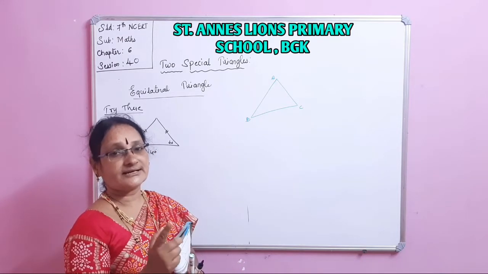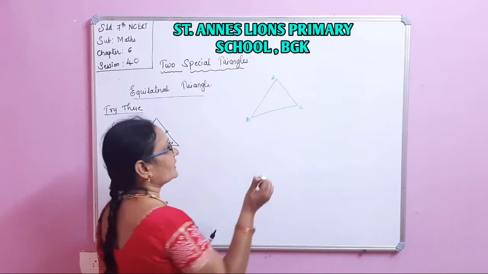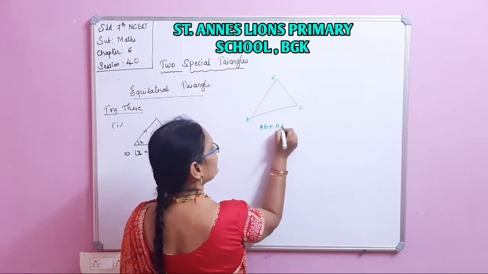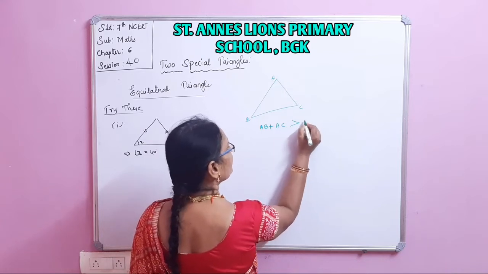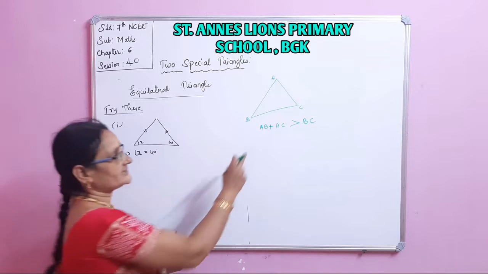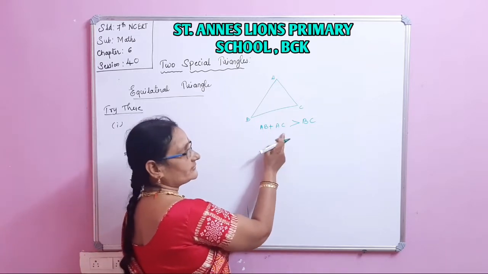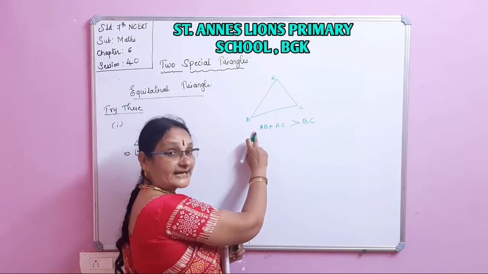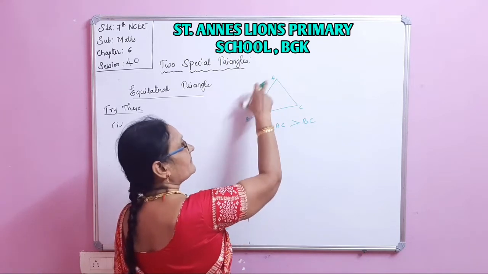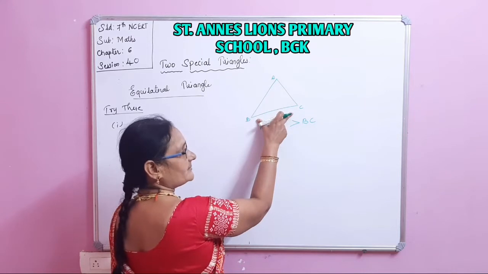Then only we can construct the triangle. See here now. AB plus AC must always be greater than BC. Always the sum of the lengths of the two sides of the triangle must be greater than the third side. AB plus AC must be greater than BC.